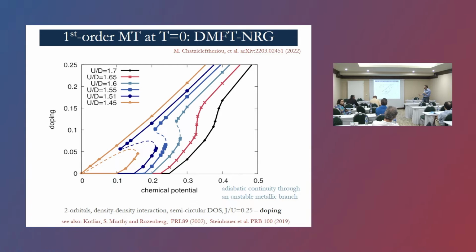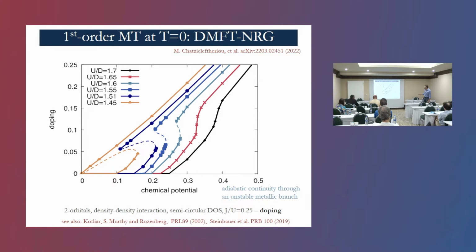But the important part is that these two branches are still connected diabatically through an unstable branch, and this will continue on and on when you increase the interaction strength U, so that for a while you will have a sigmoidal shape joining the metallic branch and this doped Mott insulator branch, which is still a metal, but is connected to the Mott insulator and has a much reduced quasi-particle weight compared to the nearby purely metallic solution.